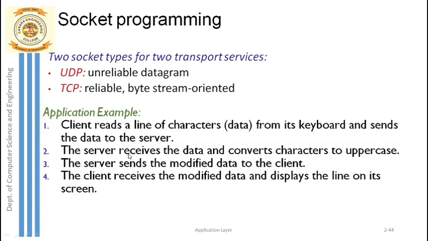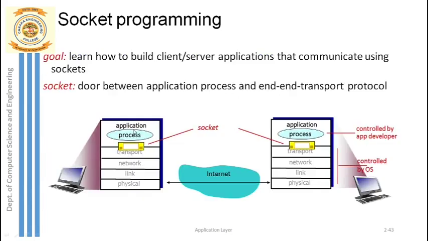Now in between this application layer and transport layer, can you see this yellow box? What is this yellow box? I'll just go back to my previous real-time example. There I said this is my apartment. I'm residing in one particular flat in an apartment, one particular house which has a particular door number.